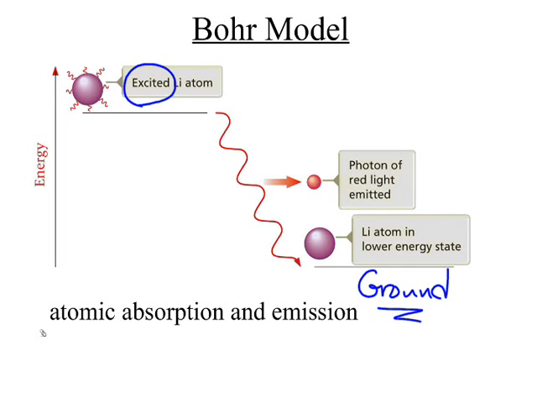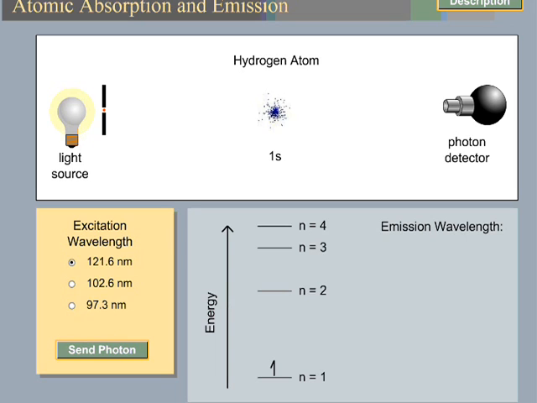What we would observe is when that atom fell back down to the ground state, it would emit a photon, in this case a photon of red light, and so it would tell us something about the energy level that the lithium atom jumped up to. So let's take a look at what that looks like.